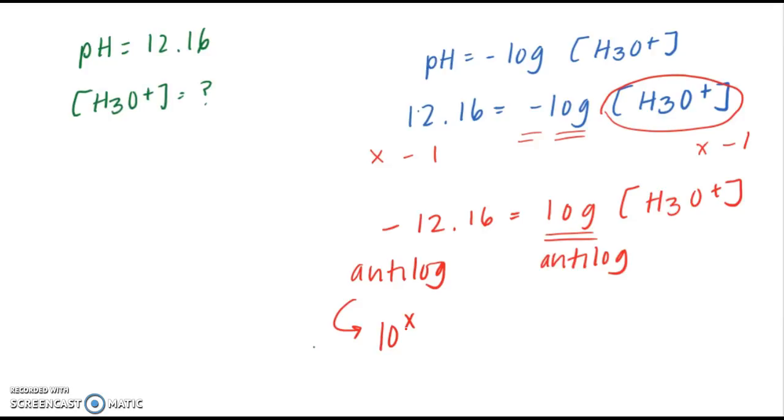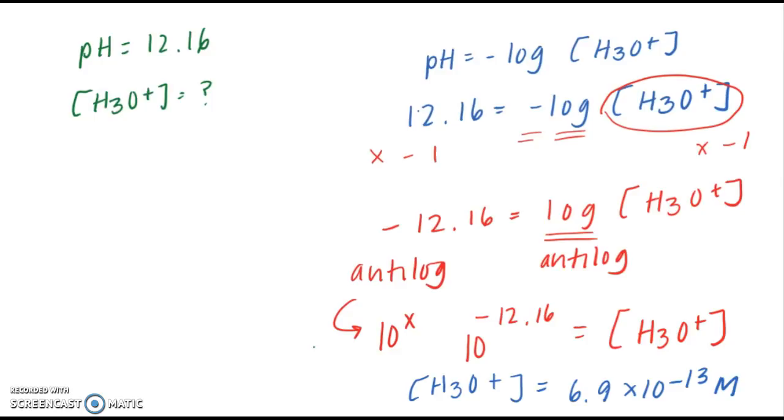So when you enter this in your calculator, that's going to get you your hydronium ion concentration. And so when you solve that in your calculator, 10 to the x, and then you plug in negative 12.16, you should get 6.9 times 10 to the minus 13th molar as your hydronium ion concentration.